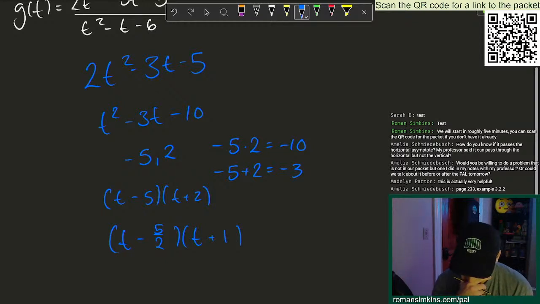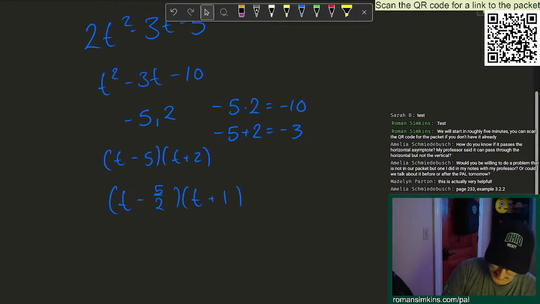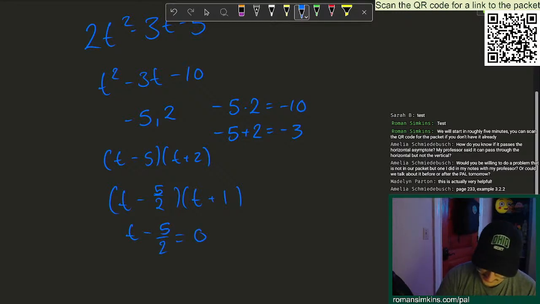Now, something we can do to make this look nicer, and I guess I'll do it now just so we have it in a nice form, is because I can set this term equal to 0, I can actually multiply it by anything I want to simplify. So I will simplify by multiplying by 2.